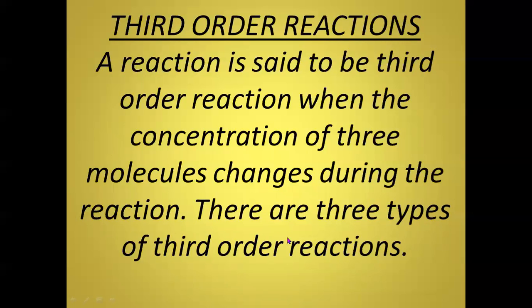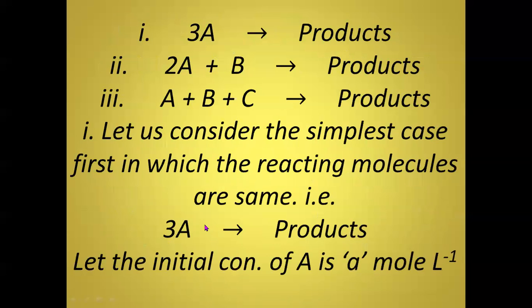So these are of three types. First, all three molecules are of same reactant which produce product. So 3A gives product. Here reactant is A and three molecules are involved.